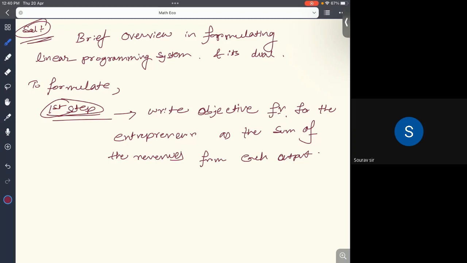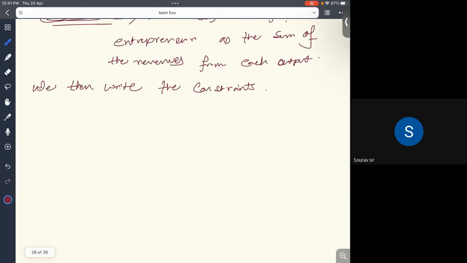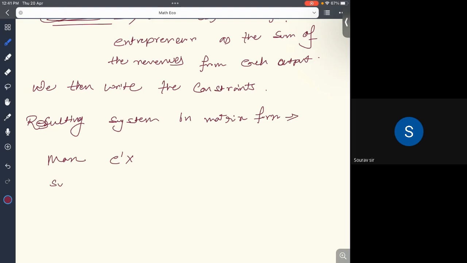So the resulting linear programming system in matrix form can be written as max c prime x subject to Ax less than or equal to b and x greater than or equal to 0.